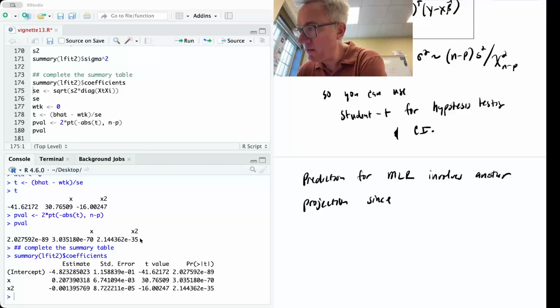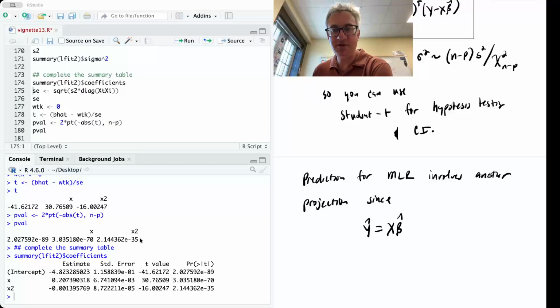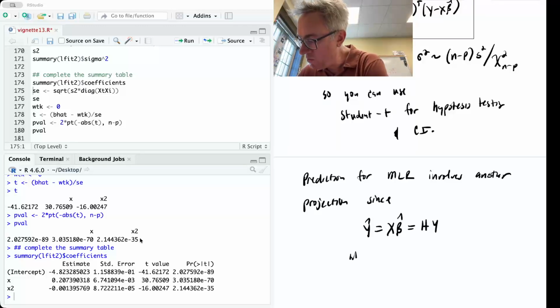Since my fitted values, which I get by taking the original inputs and multiplying them by beta hat, notice how that's an upgrade of the fitted values from chapter 7, is a projection of the original y's, where the projection is x times x transpose x inverse times x transpose.